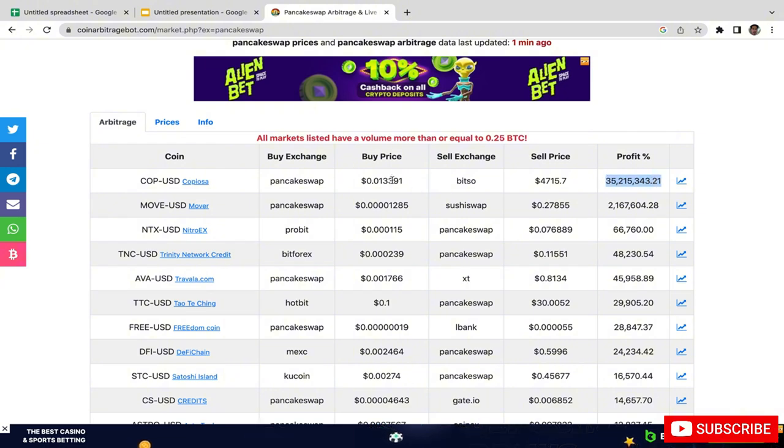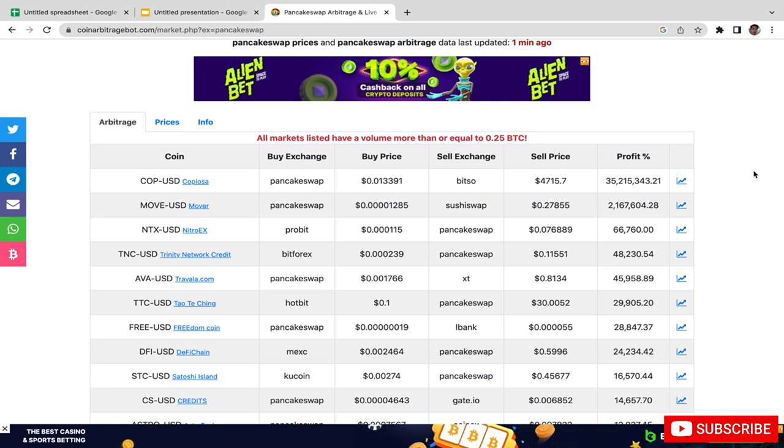You purchase Copiosa on PancakeSwap, it only costs you like 1 cent, and then you resell it on Bitso, so it costs you like 4,700 US dollars, and the profit margin is 35 million percent.